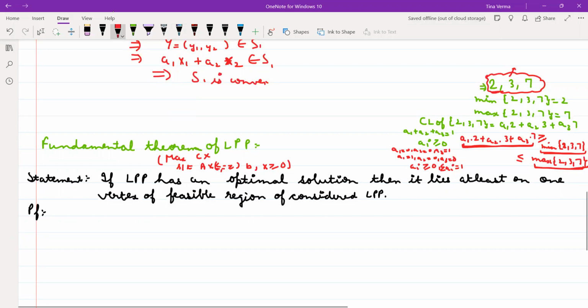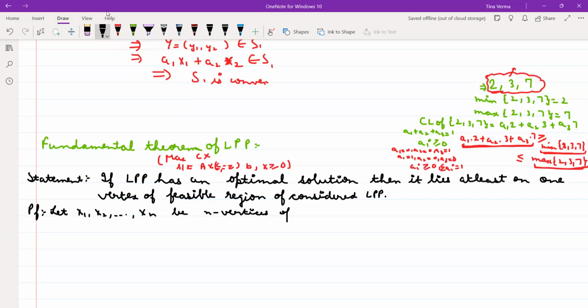So we will now start its proof, because we have to take the feasible region. What I am taking is: let x1, x2, ..., xn be the n vertices of the feasible region of the LPP, right? And x star is the optimal solution of the considered LPP.